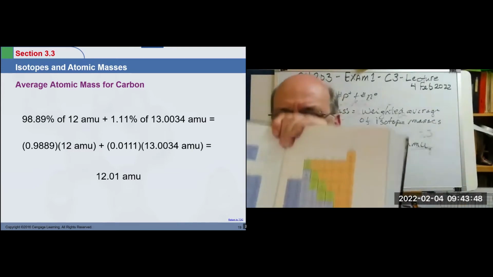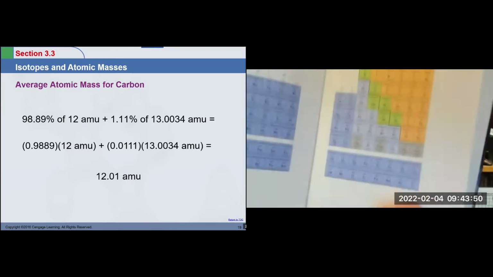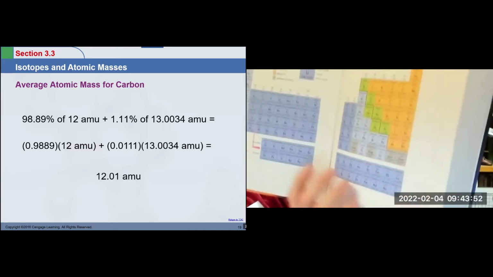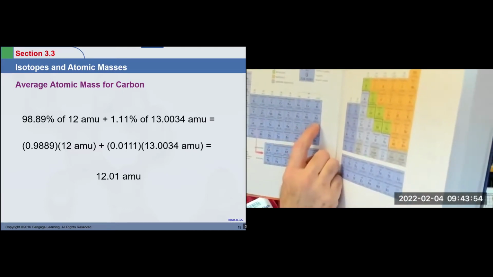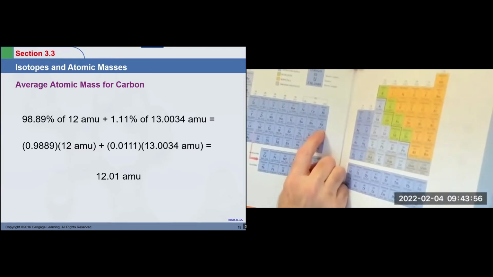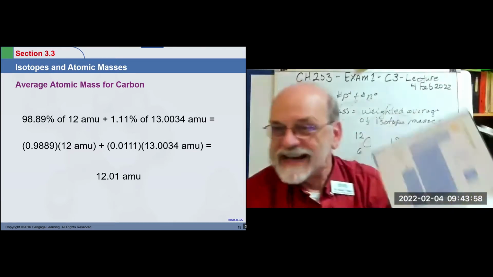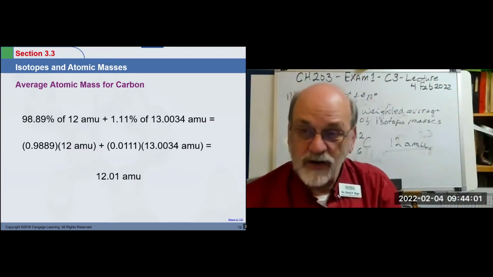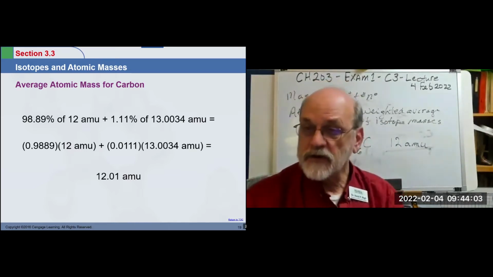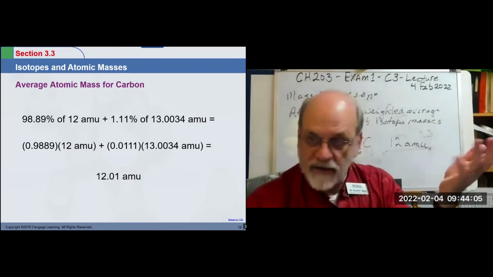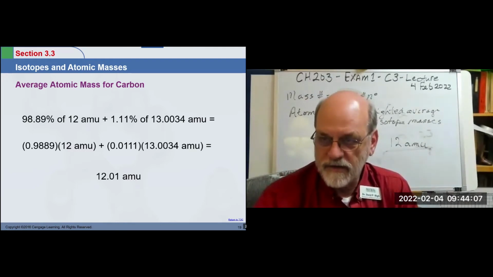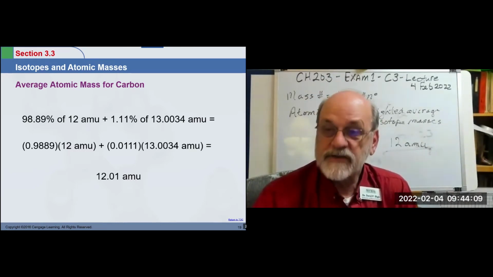Let's see. That's an example down here. If you look at one of these, you'll see in this case, at the bottom of that square is a value. That's a decimal fraction. And it looks like it's pretty close to the mass number for one of the isotopes of that element, but it's not exactly the same.